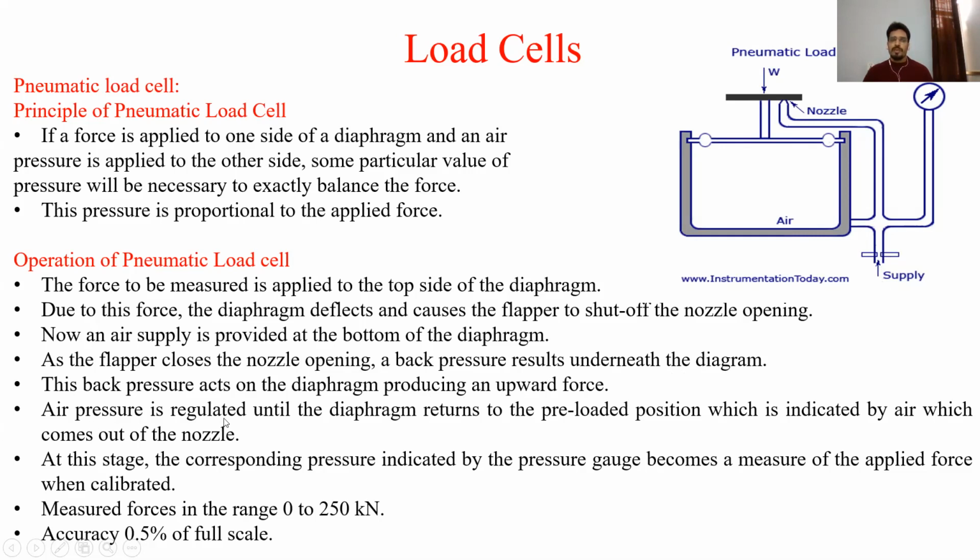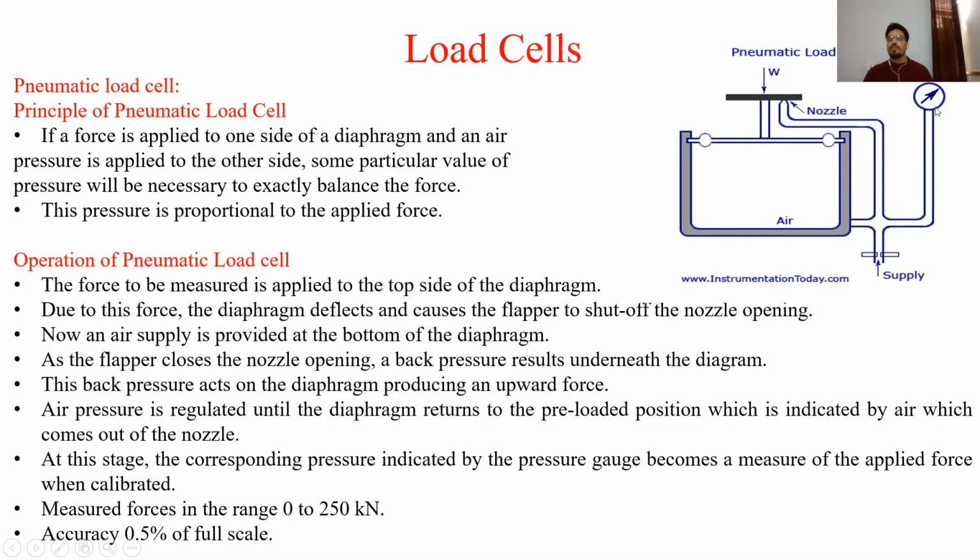Air pressure is regulated until the diaphragm returns to the preloaded condition, which is indicated by the air which comes out of the nozzle. It means it will apply the pressure to push this diaphragm up to its initial position. At this stage, the corresponding pressure indicated by the pressure gauge becomes a measure of the applied force when calibrated.